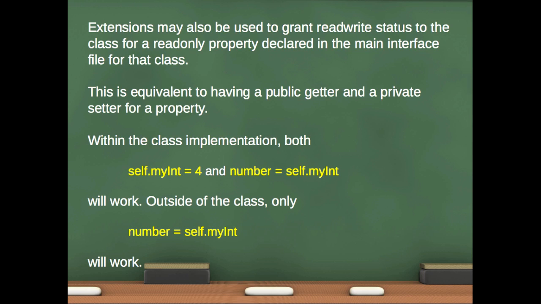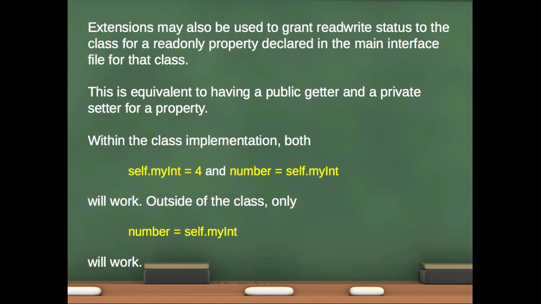So this is a very nifty way to make a private declaration that is external to the class. In other words, a getter-only implementation, and then a setter and getter implementation for the class within itself. This all happens in the synthesize statement.